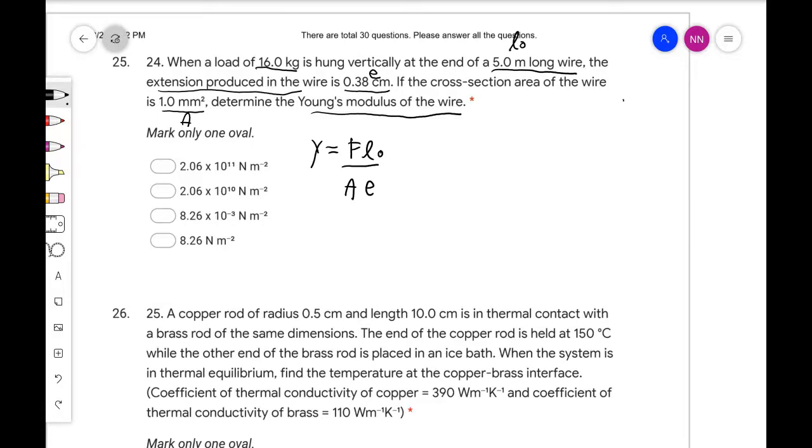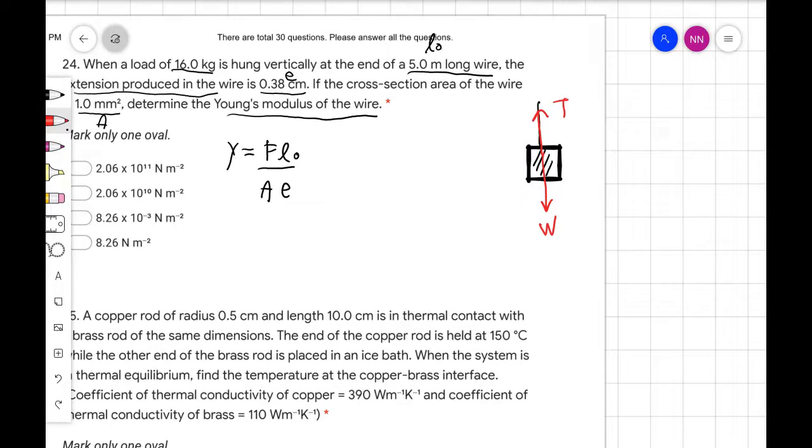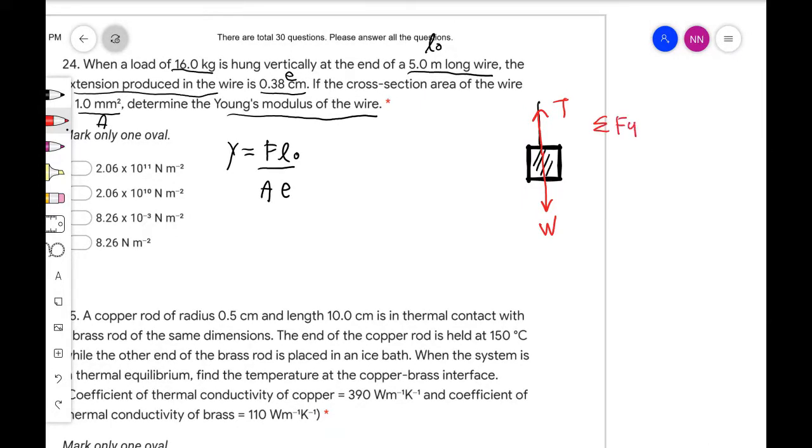This is the wire and this is the load. The forces acting on this load are the tension and the weight vertically downward. This load is at equilibrium, so net force in y equals 0. So T minus W equals 0, so T equals W, where W equals mass times gravity.